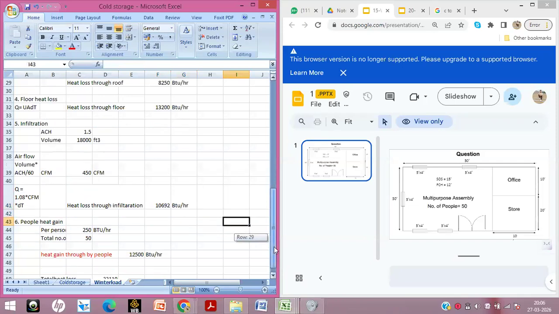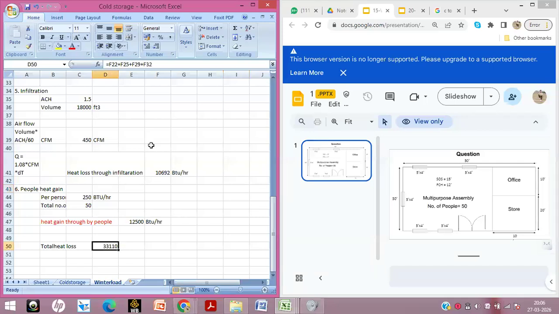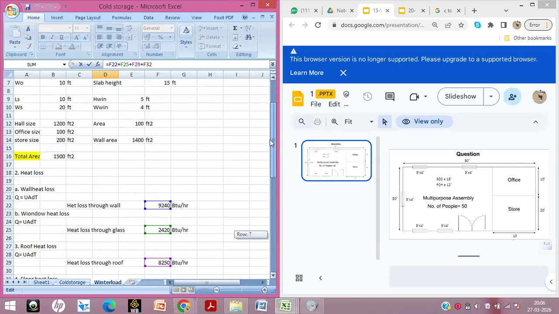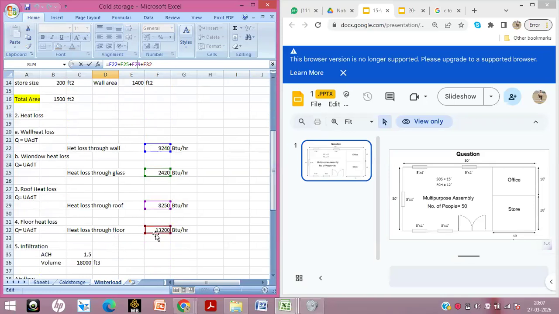Now we'll move toward total heat loss. So we need to add one more thing. What we already added, you can see here: heat loss through wall, heat loss through glass, heat loss through roof, and then we added heat loss through floor.